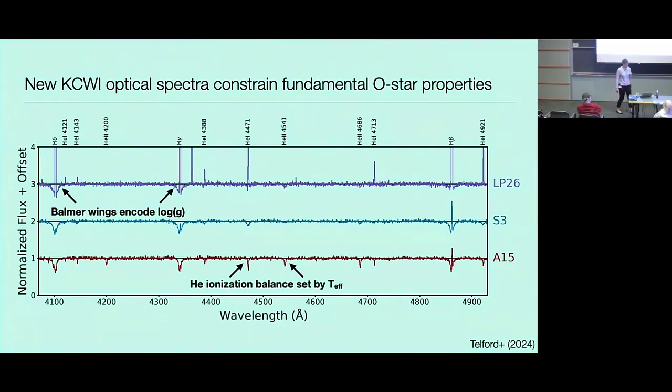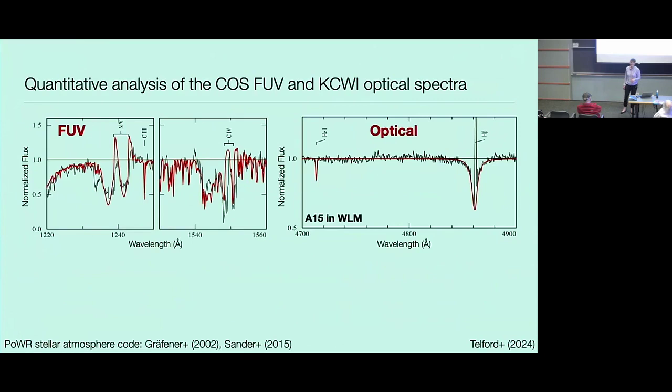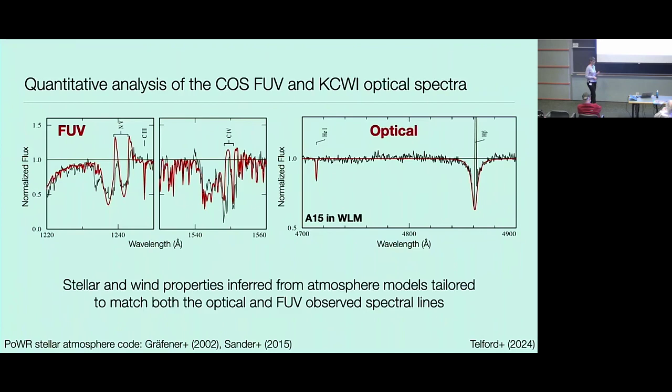Okay, so with these new spectra in hand, we then did a quantitative analysis of the joint optical and UV data sets. So I ran a whole bunch of new stellar atmosphere models using the PoWR code and iteratively adjusted many different parameters in these very difficult to run models.